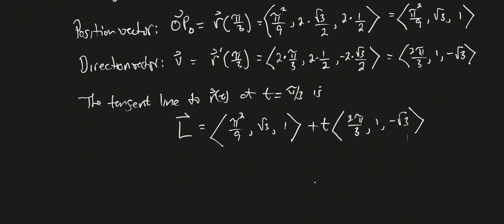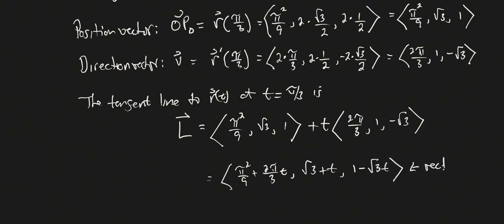When we combine these together, we get our vector form: pi squared over 9 plus 2 pi over 3 t, root 3 plus 1t, and 1 minus root 3 t. This is the vector form.